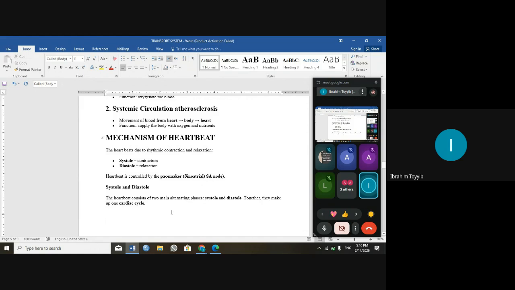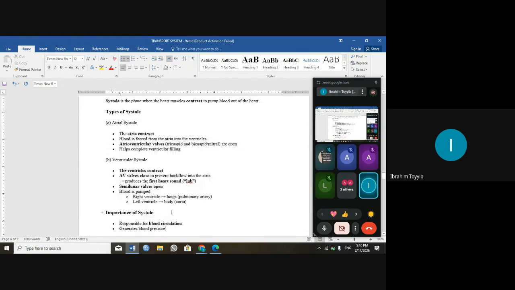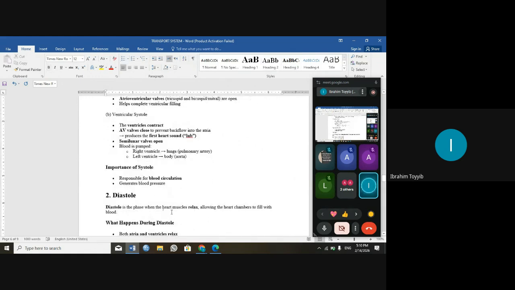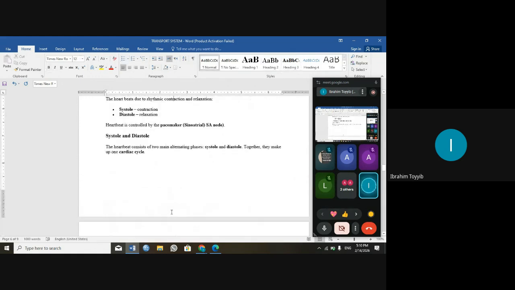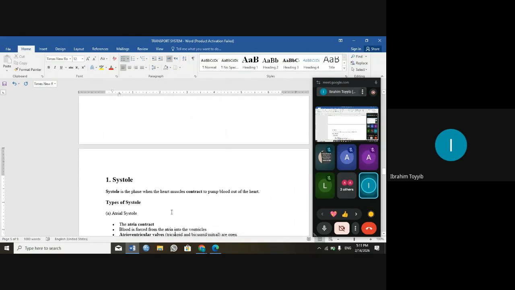In this cardiac cycle, we have three things: the atrial systole, ventricular systole, and what? And diastole. You know that we say the heart beats in two ways: systole, which means contraction, and diastole, which means relaxation.